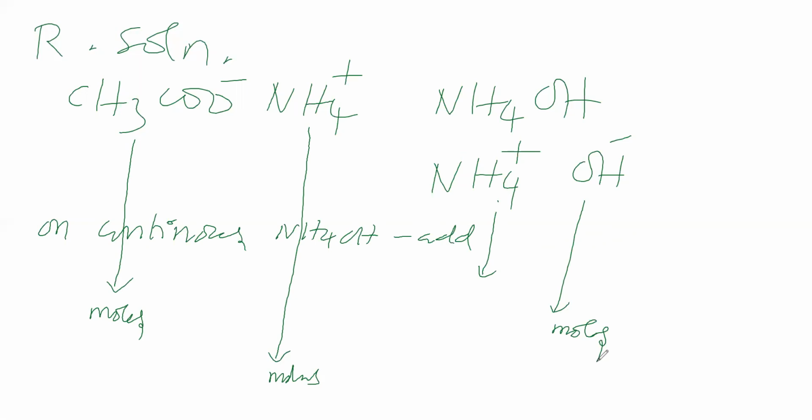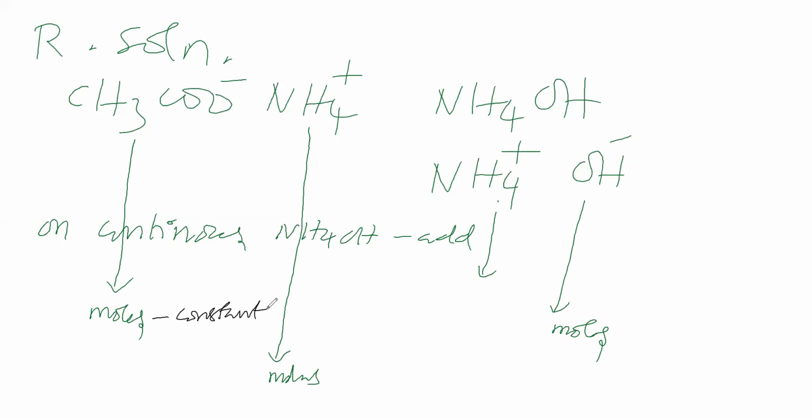We reached the equivalence point, which means the reaction is over. Reaction is over means hereafter ammonium acetate will not be formed, so this number of moles will remain constant.